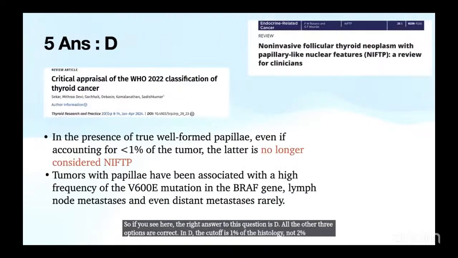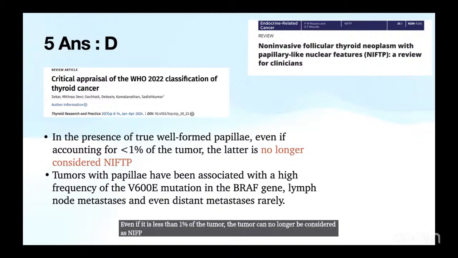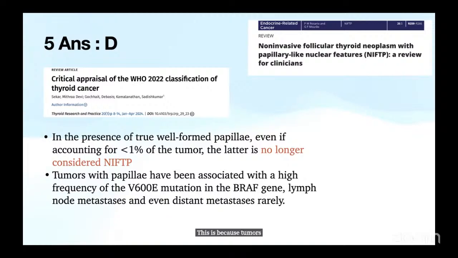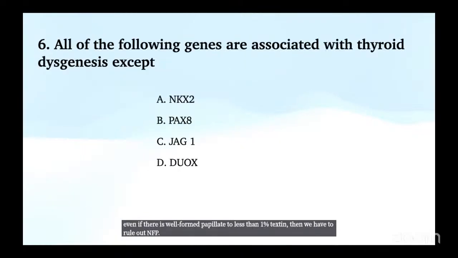So it states that in the presence of true well-formed papillae, even if it is less than 1% of the tumor, it can no longer be considered as NIFTP and it should be considered as a malignant tumor and worked up accordingly. This is because tumors with papillae are associated with a high frequency of BRAF V600E mutations or lymph node metastasis or even distant metastasis. So even if there is well-formed papillae to less than 1% extent, then we have to rule out NIFTP.